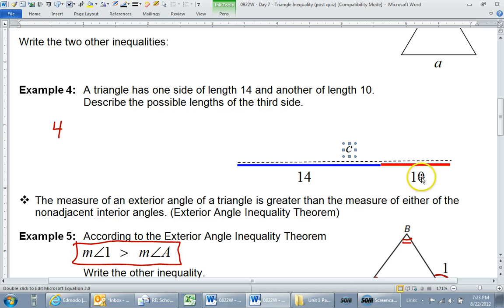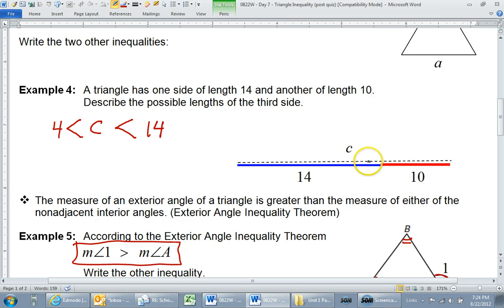Well, 14 plus 10, so that would be 24. That was the upper limit. So C had to be between 4 and 24. In other words, 4 is less than C, which is less than 24. Hopefully you followed all of that in the moving around of the shapes.